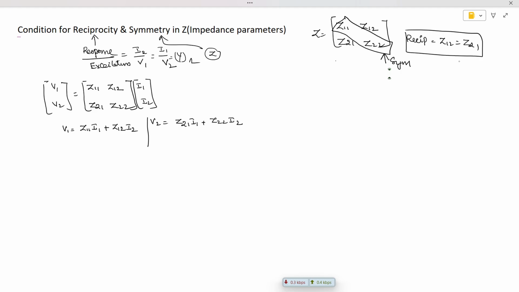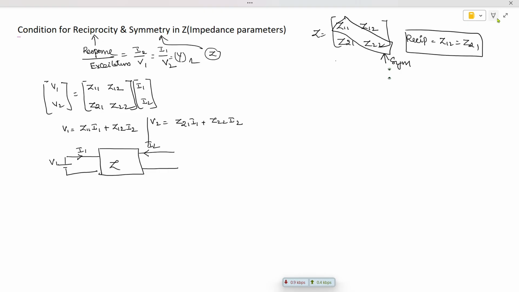Now we take our Z parameter network, with V1 applied at the input and the current flowing into the network. This is the default representation. At the output, previously the current was flowing into the network as I2.